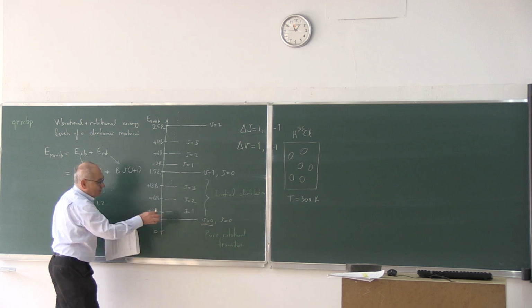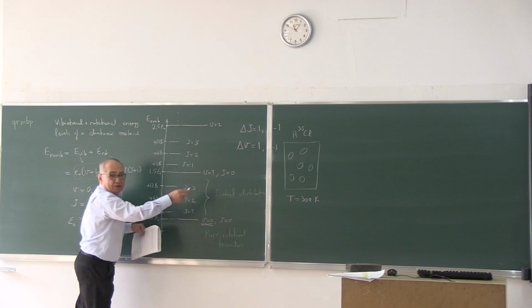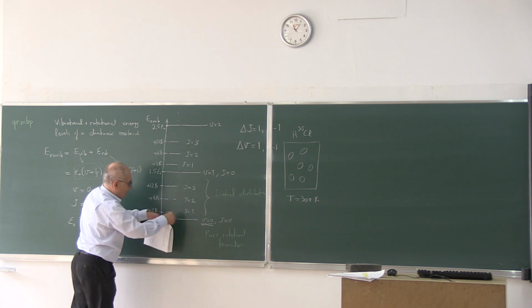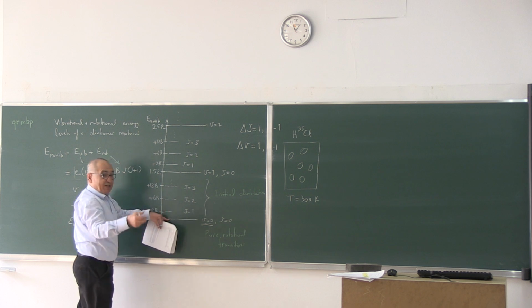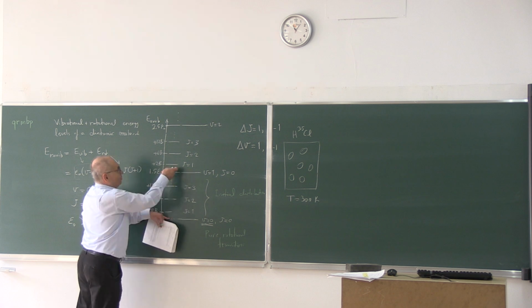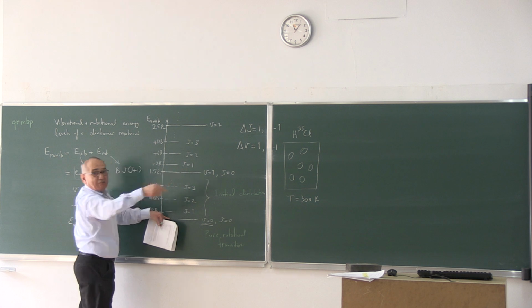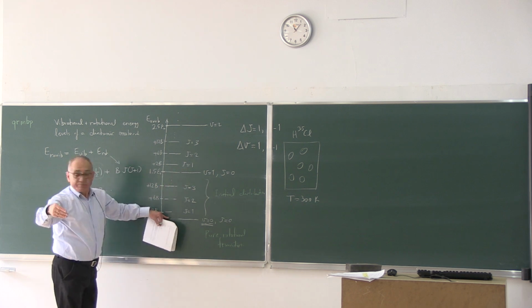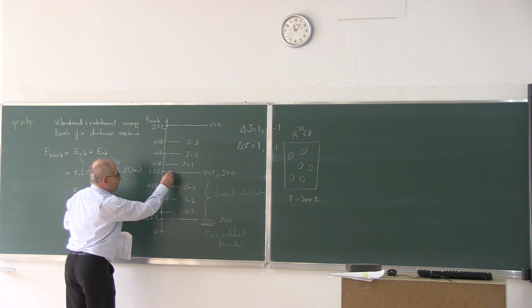So, let us consider molecules which are in the V equals 0, J equals 0 level. All right? And then we are considering large energy photons, which will cause a transition such that the vibration level is going to change.